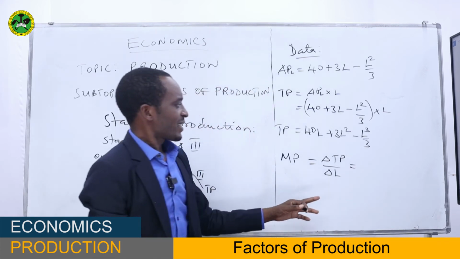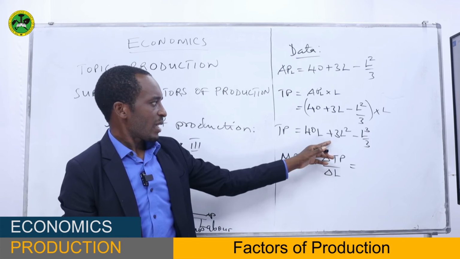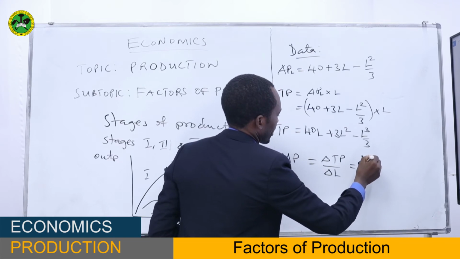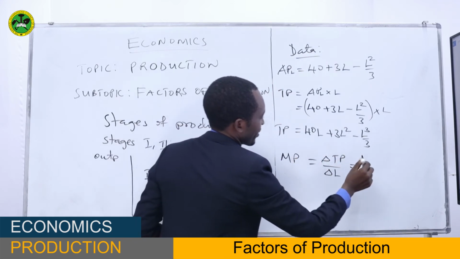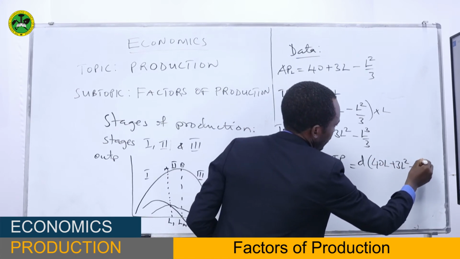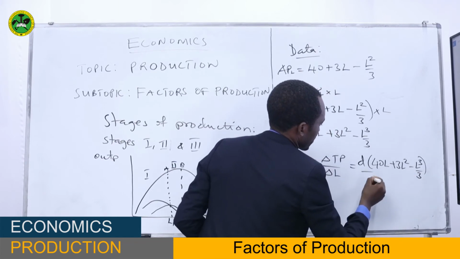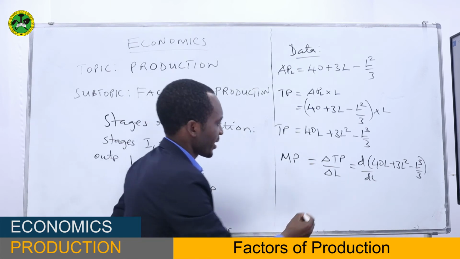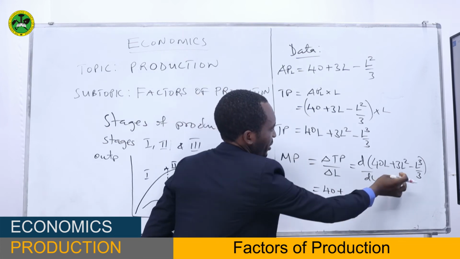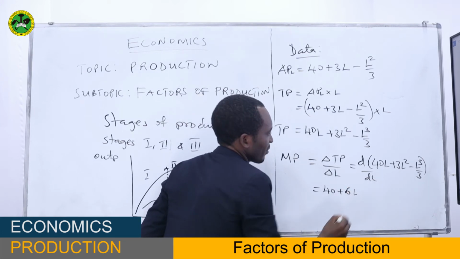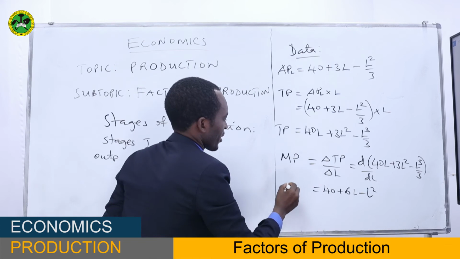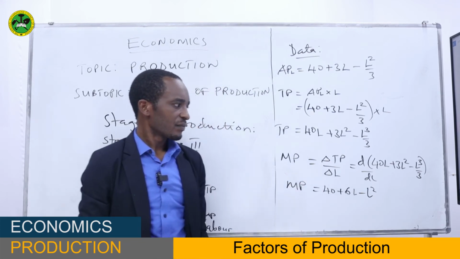This will be obtained by differentiating the total product function, which is 4L plus 3L square minus L cube over 3, with respect to L. When you differentiate, this one will be 4 plus 6L minus L square. So the marginal product will be this one.